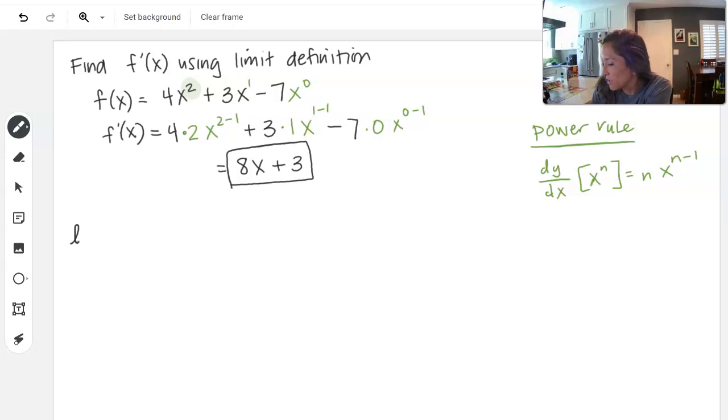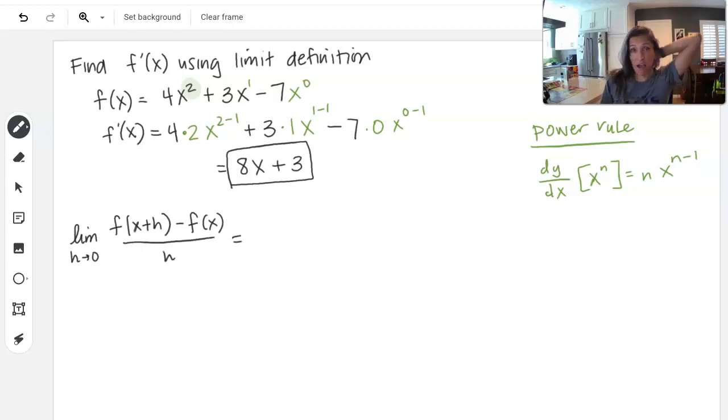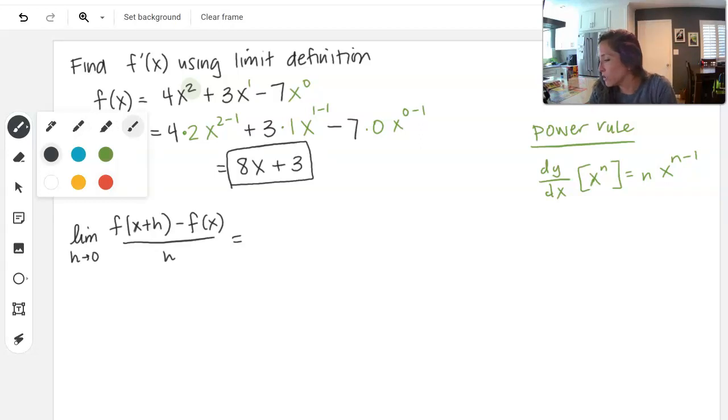So our limit definition, we're using that second definition, the limit as h goes to 0, because that's going to get me an f prime of x and not just the derivative at a point. And we need it to be f of x plus h minus f of x all over h. So the first thing we got to do is figure out our f of x plus h. So we're going to plug in x plus h everywhere that x appeared in our original function.